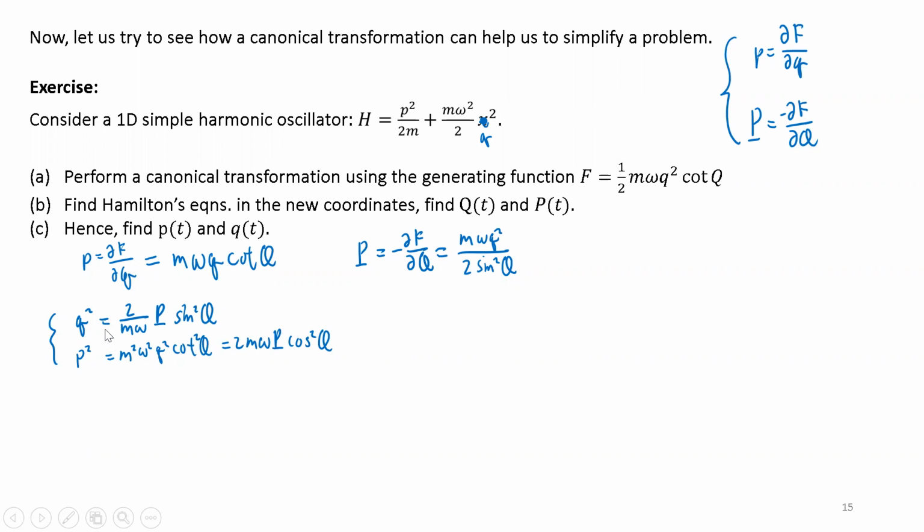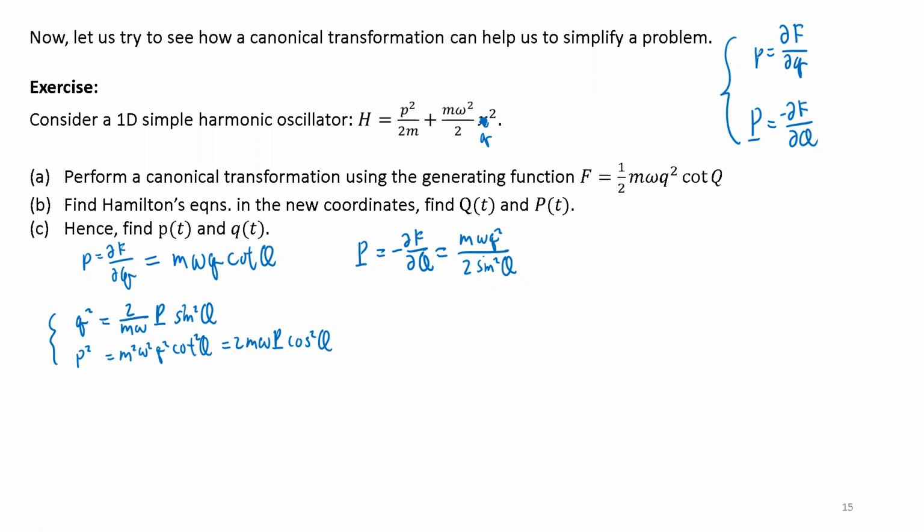So now that I have small q squared and p squared expressed in terms of capital P and Q, I'm ready to substitute this into the Hamiltonian. Once you do that, you realize that sine squared capital Q plus cosine squared capital Q is just 1.